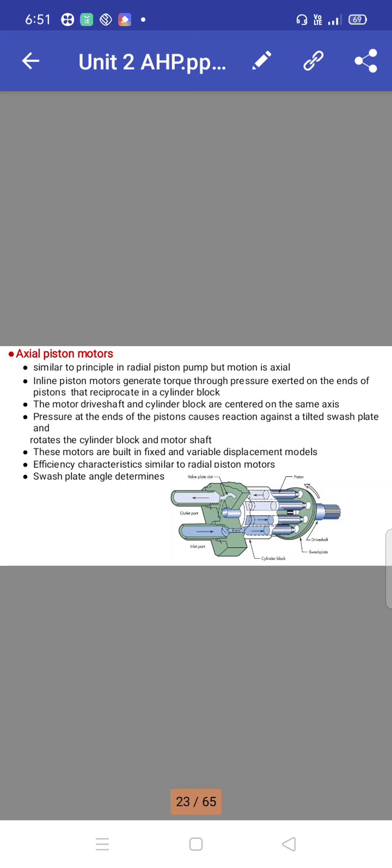The pressure at the ends of the pistons causes reaction against a tilted swash plate and rotates the cylinder block and motor shaft. These motors are built in fixed and variable displacement models. Efficiency characteristics are similar to radial piston motors.